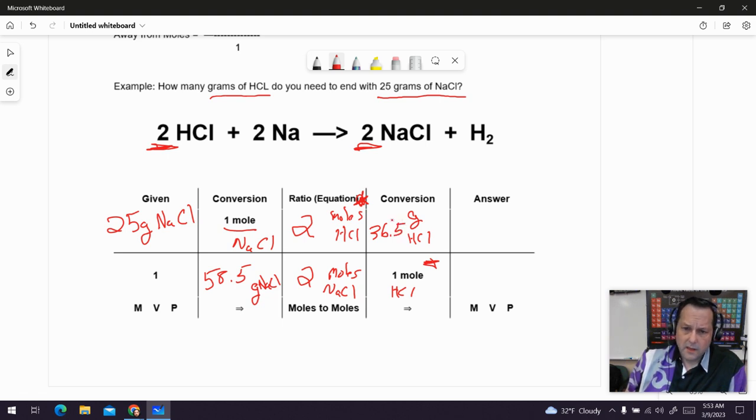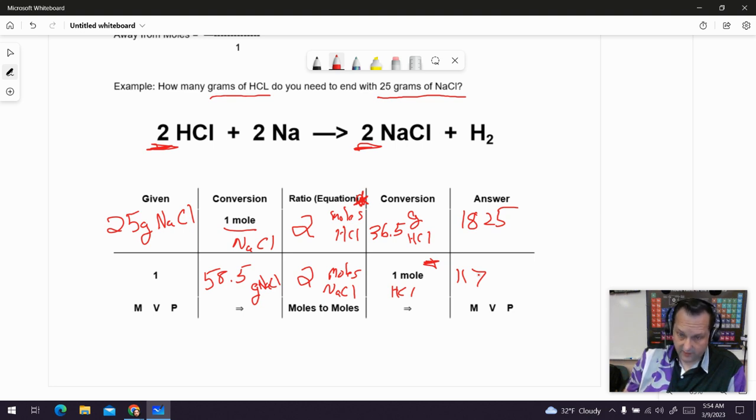Okay? So now all we need to do, and I have a calculator right here, I didn't do this ahead of time. I have 25 grams times 1 times 2 times 36 and a half gives me 1,825 on top. On the bottom, I have 1 times 58 and a half times 2 times 1 again, so I have 117 on the bottom.